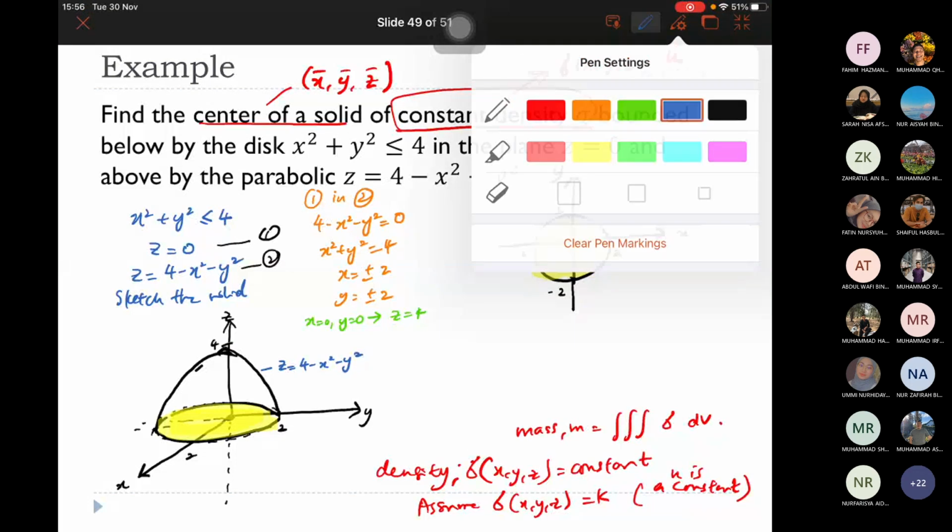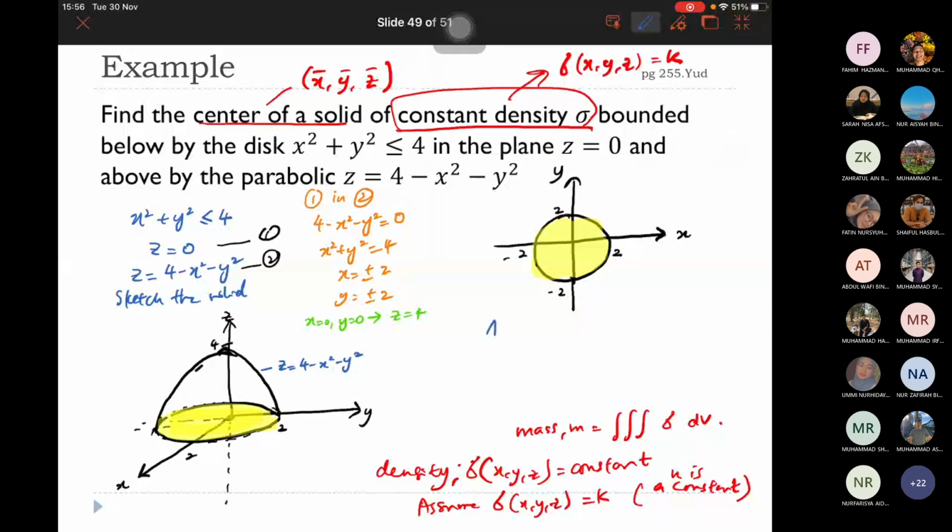So since ada bulatan, so easier if change to cylindrical coordinates.